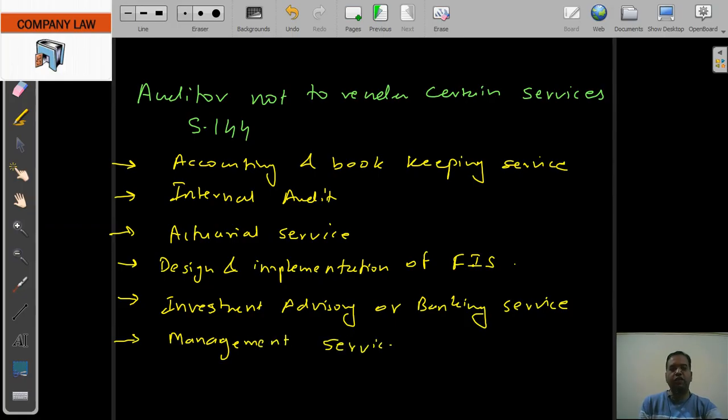So these services he has been debarred from performing. He should not directly or indirectly provide such kind of services.